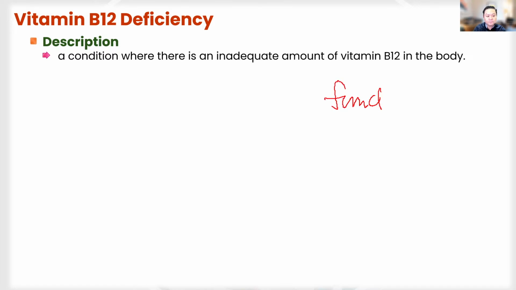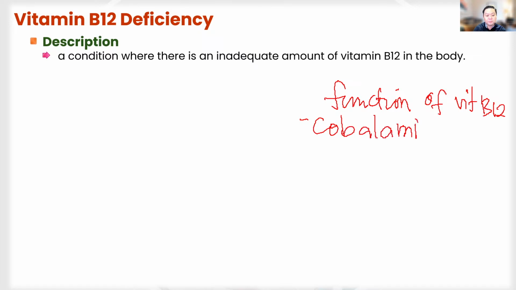Okay, function of vitamin B12. We refer to that one as the cobalamin, and it will help in the production of red blood cells and also the function of the nervous system, CNS function.